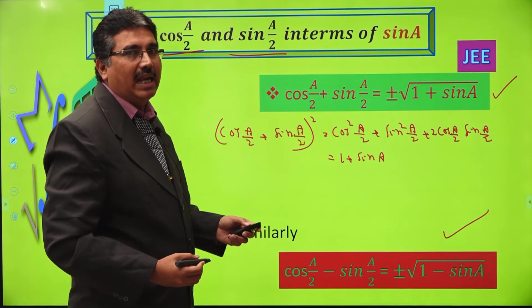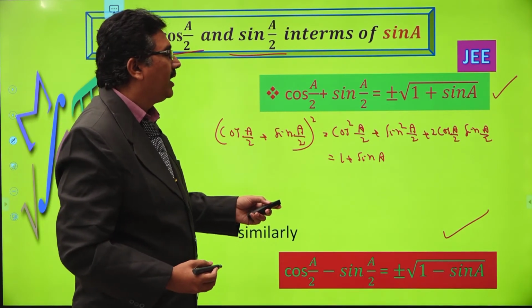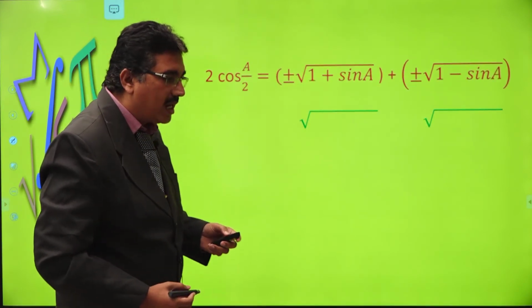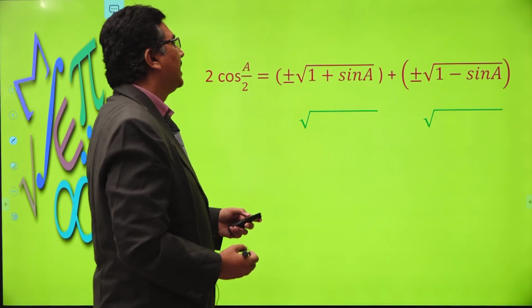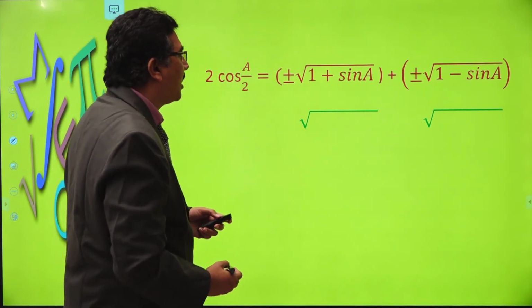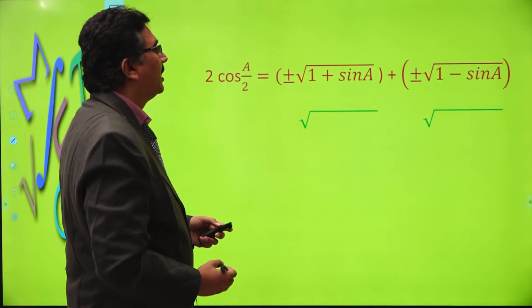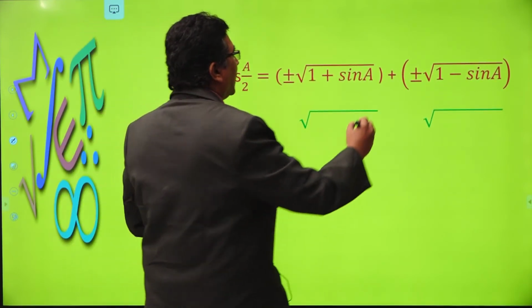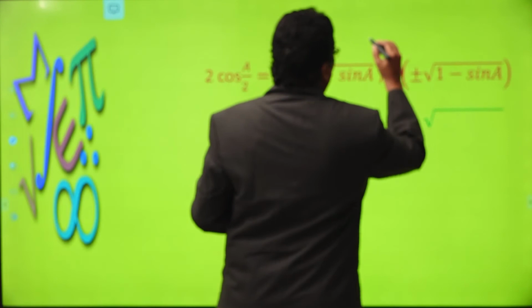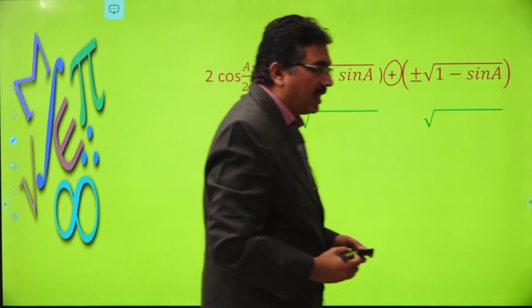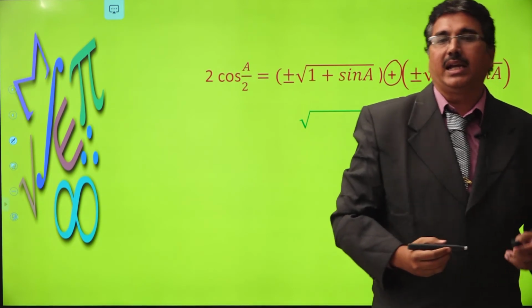See the values of cos a/2 and sin a/2. 2 cos a/2 is equal to plus or minus square root of 1 plus sin a, plus, this is very important, plus or minus square root of 1 minus sin a.